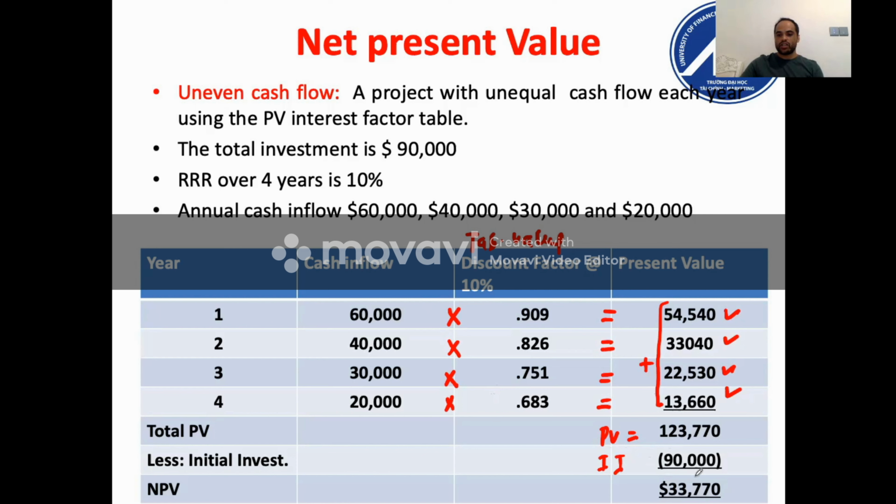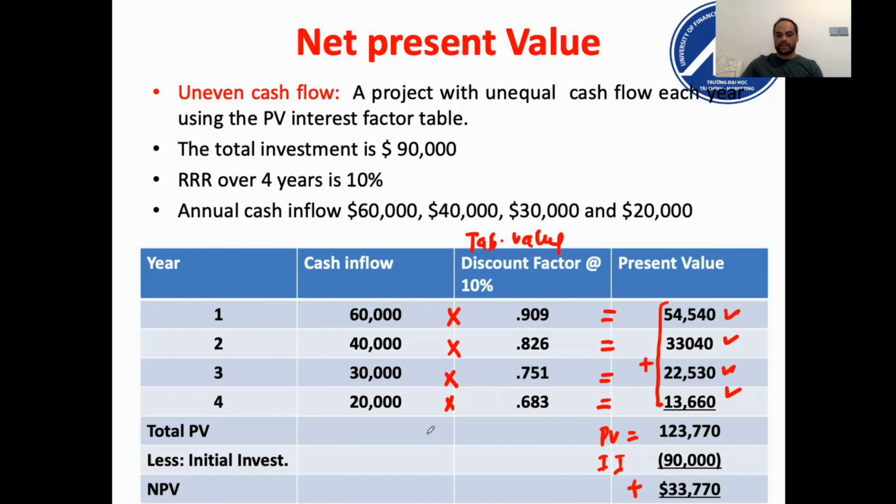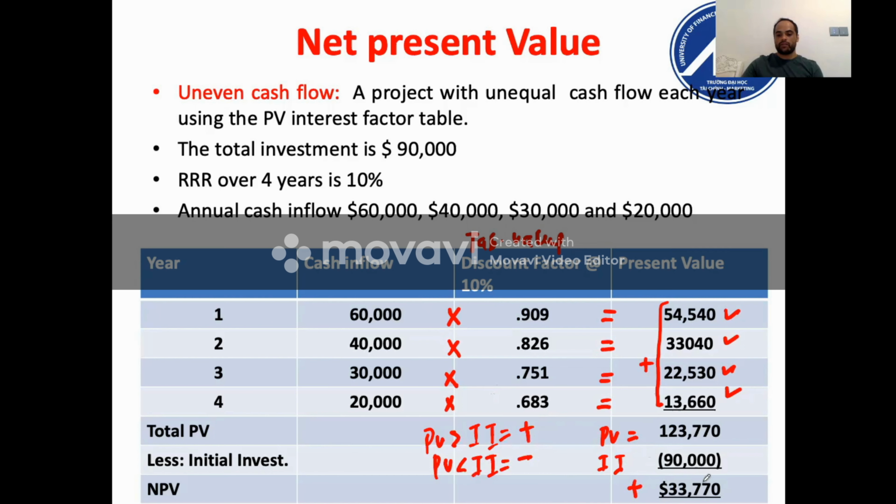So you can see your present value is positive because present value is higher than initial investment. So you have a positive NPV. If present value is less than initial investment, you have a negative NPV. So we will select this project.